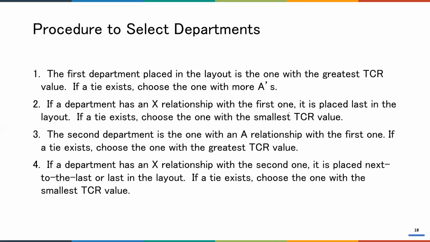To select which department becomes our initial solution, we choose the department with the greatest total closeness rating. If there is a tie, then we choose the one with more A's, or absolutely important. And make sure that if there is a department with an X relationship with the first one we already selected, you shouldn't choose it in the layout. The second department chosen should have an A relationship with the first one. And if a tie exists, choose the one with the greatest TCR.